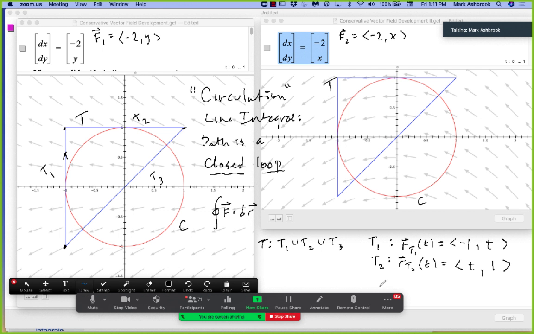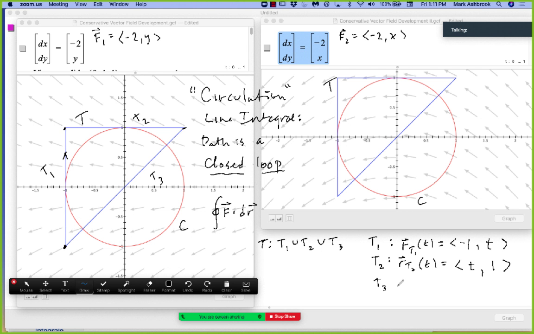Okay, finally, T3. Now T3 is not as simple. These were greatly simplified by the fact that you had a constant value for one of your components. So x was -1, y was 1. For T3, which is coming down this way, this is just a general line segment.